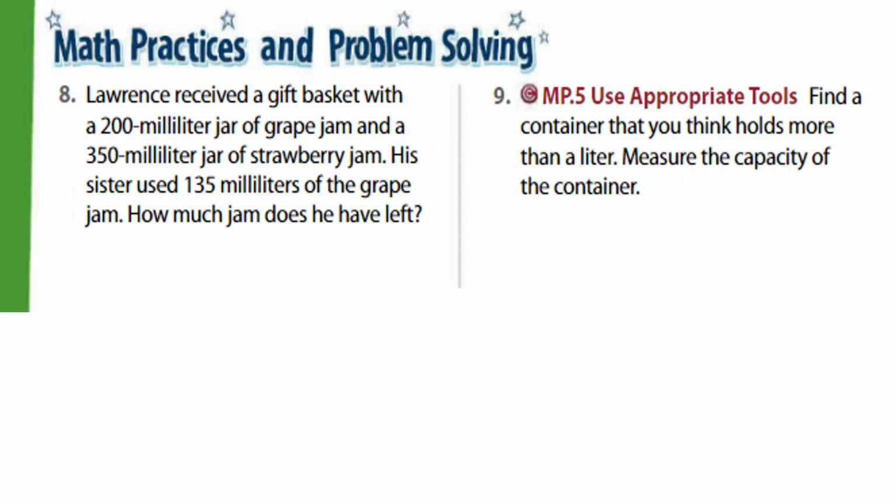Okay, next page, math practice and problem solving. Question 8, Lawrence received a gift basket with a 200 milliliter jar of grape jam and a 350 milliliter jar of strawberry jam. Okay, he received a gift and the gift basket had two types of jams.